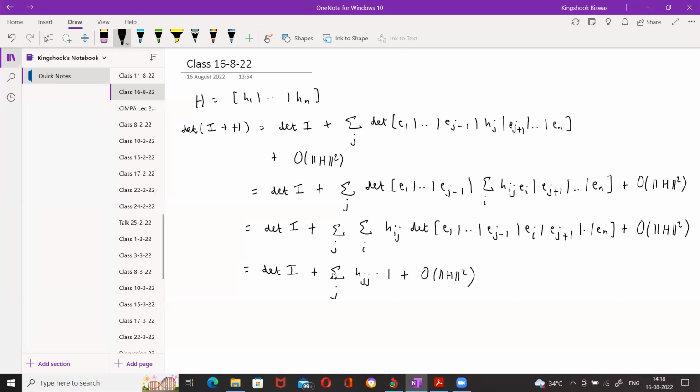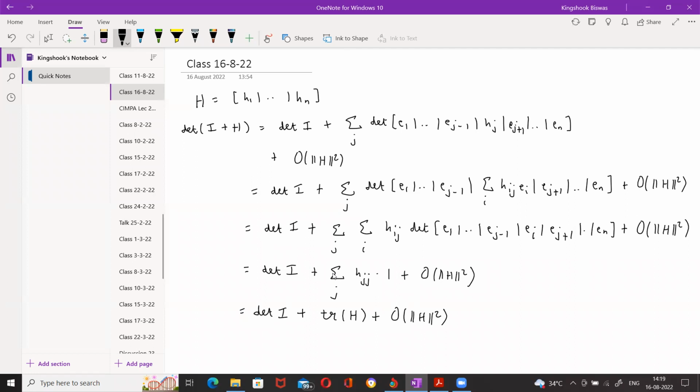Okay, so finally we get this is equal to determinant I plus this sum over j, Hjj, which is nothing but trace of H, plus big O of norm H squared.